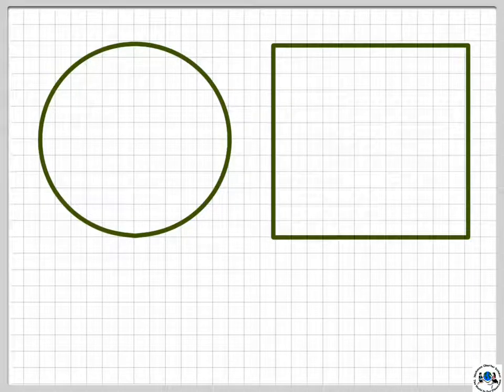Okay, so hopefully you drew your square and your circle nice and neatly and precisely, like I have. Again, I have some extra tools here to help me be precise, though these aren't exactly precise. And as was mentioned, this would have been 12 centimeters by 12 centimeters, as it is a square.